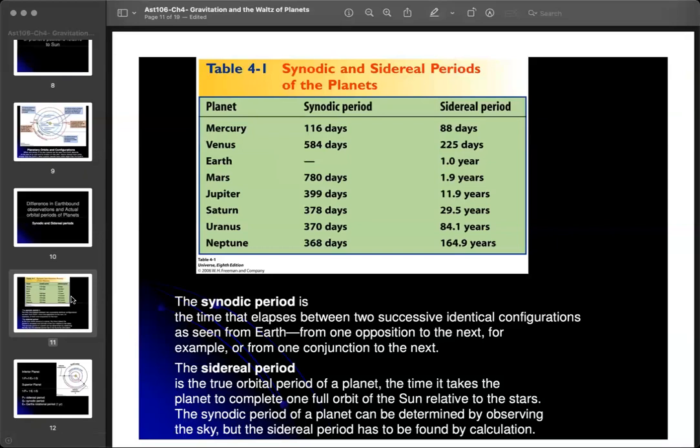One is just the orbit is larger, and secondly, also because the planets, as you go further out, they move slower in their orbit. So those two things combine to make these sidereal periods longer, so that when you get to Neptune, it's almost 165 years. It takes 165 years to finish an orbit around the sun.